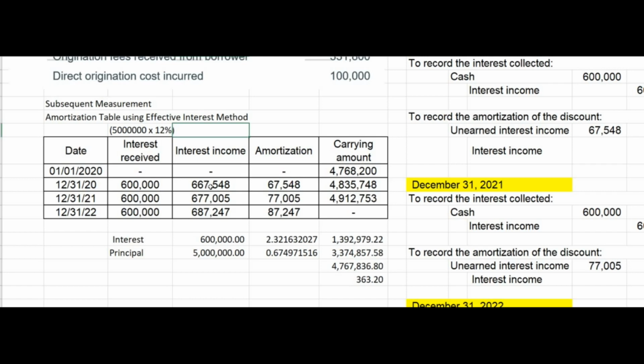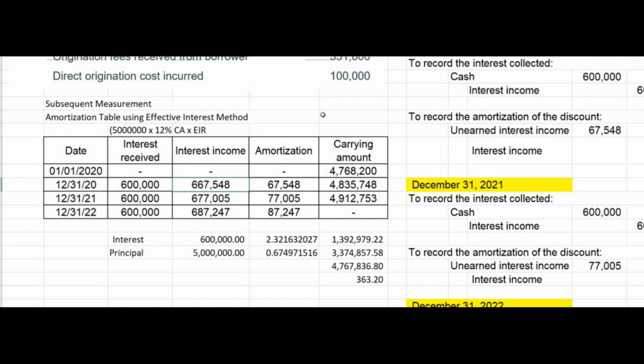Say, for example, here, since you have computed that it was 14%, now the effective interest rate is 14%. So, what we're going to do is multiply this 14% by the carrying amount. So, that will be the carrying amount of the previous year, multiplied by the effective interest rate.